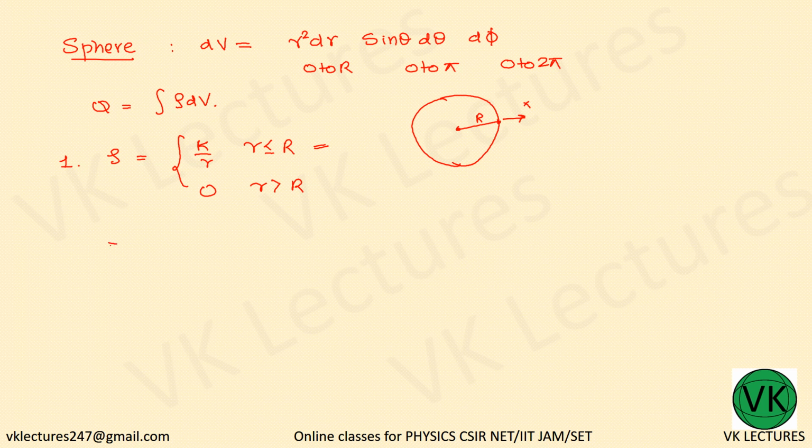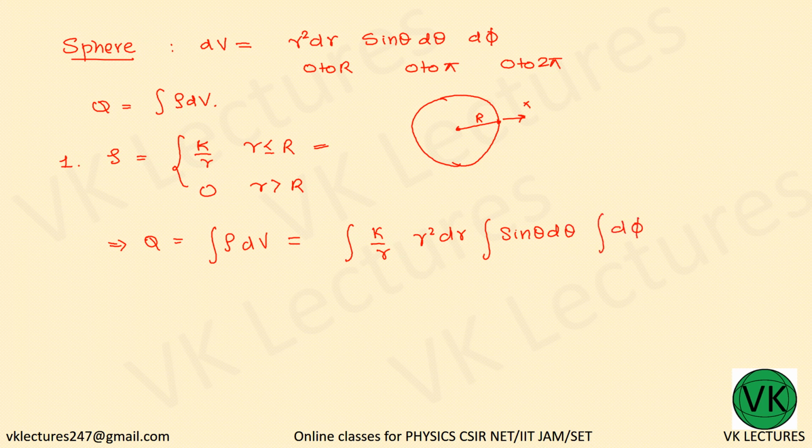So Q is equal to the integral of rho dV, where rho is k by r and dV is r squared dr sine theta d theta d phi.